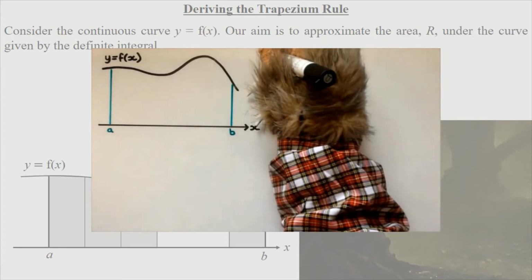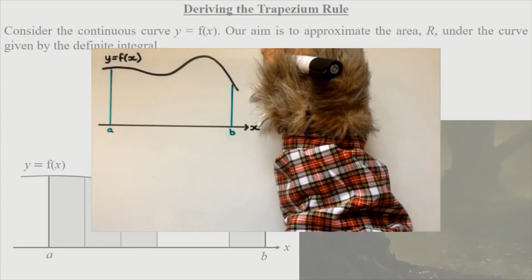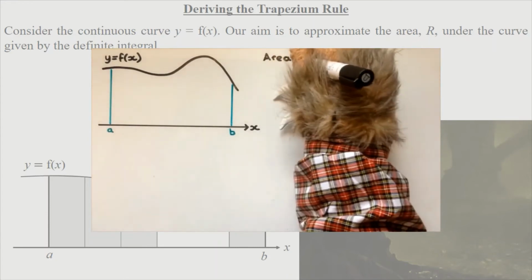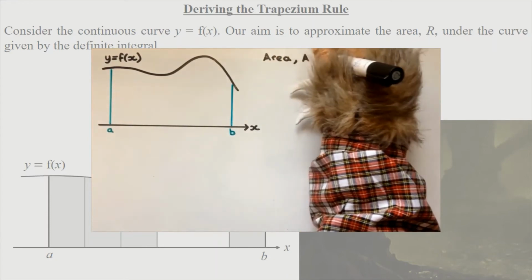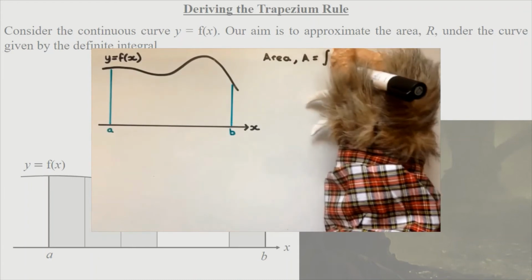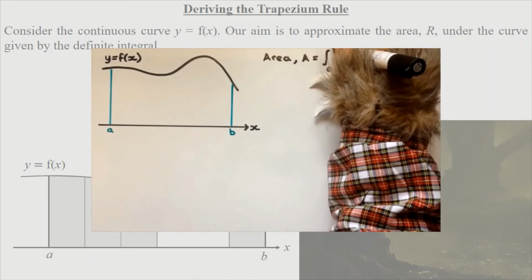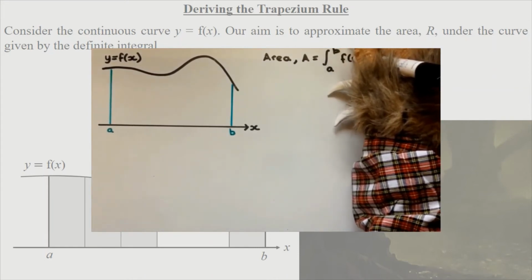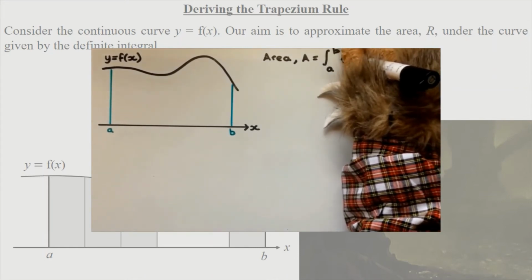So this is what we're interested in. So the area, which we will call A, is equal to the definite integral from a to b of f of x with respect to x, of course.